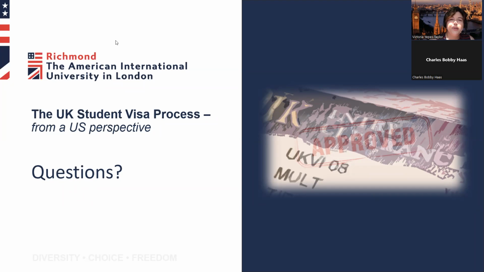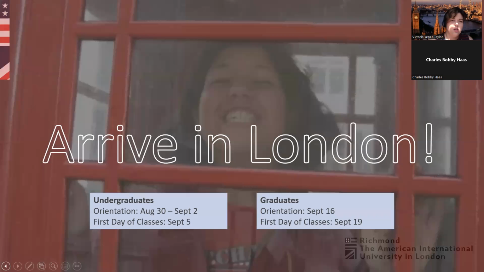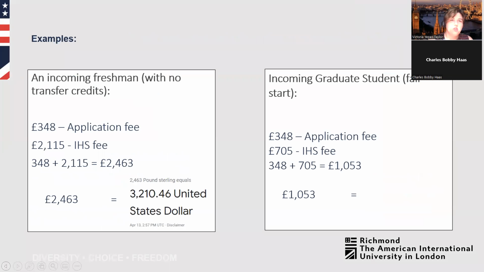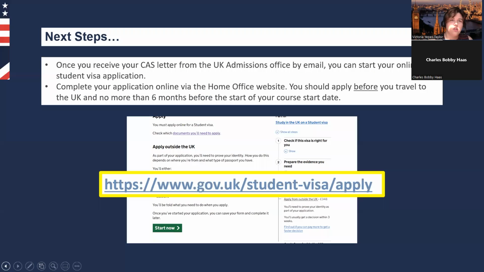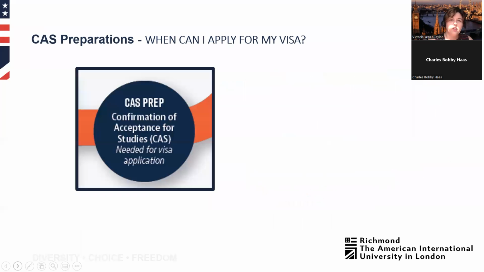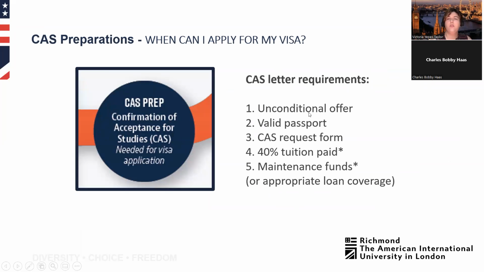Okay, so let me go back to my page on CAS, just to, wow, look how far we've come, everybody. There we go. So to confirm, you have an unconditional offer, meaning that you've met all the conditions listed on your offer letter. Your passport's all set.